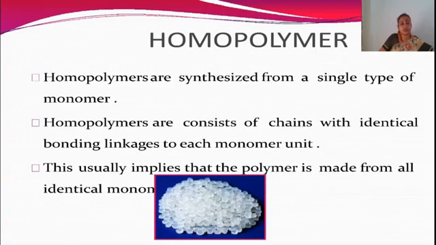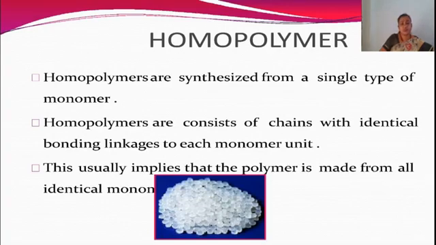And next point is homopolymer. This is another type of polymer. It is made up of a single type of monomer. When single monomers join with each other, then the formation of homopolymers takes place. Like for example, polystyrene, polymethyl methacrylate, polyacrylonitrile, polyvinyl acetate.